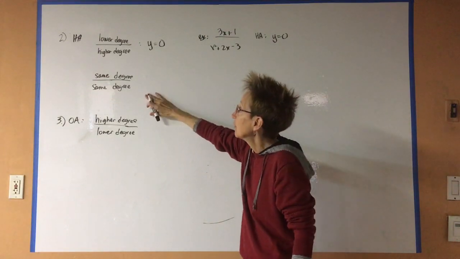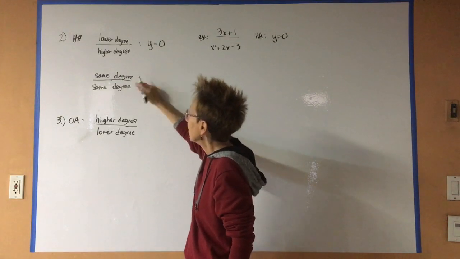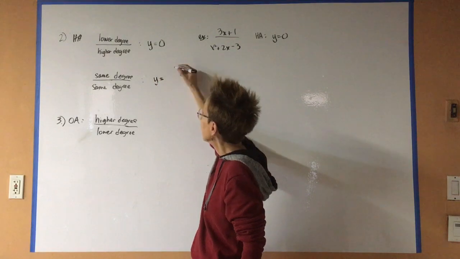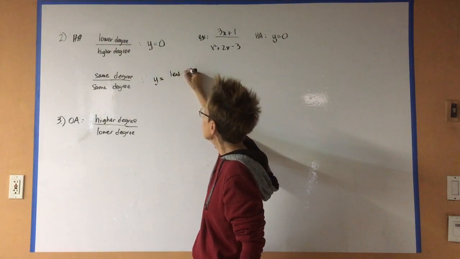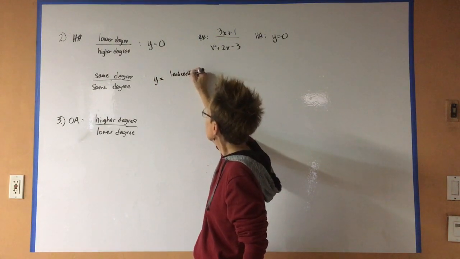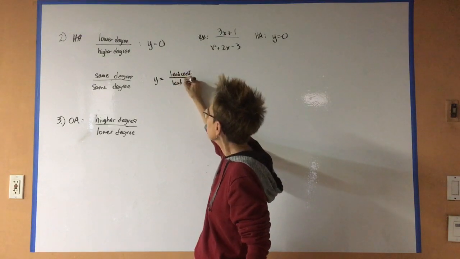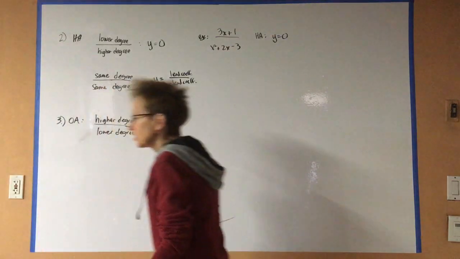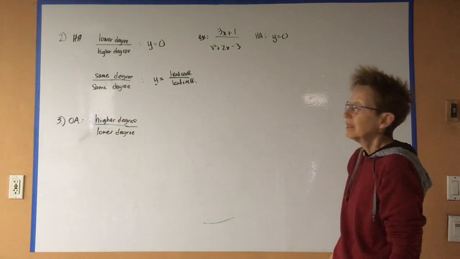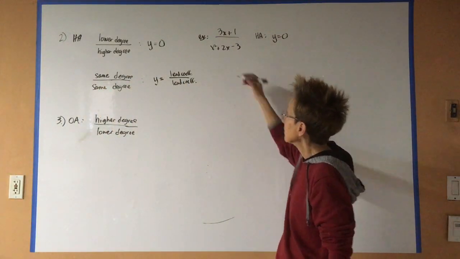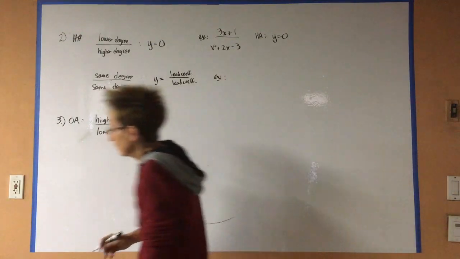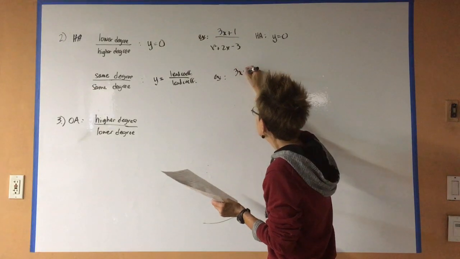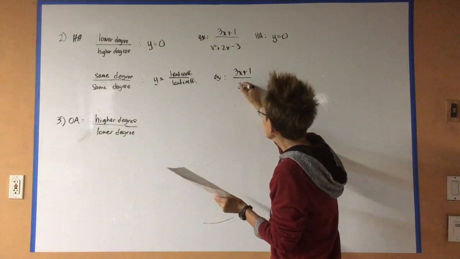If it's the same degree over the same degree, then it's also a horizontal asymptote, and the equation is y equals whatever the leading coefficient is in the top divided by the leading coefficient in the bottom. And so I wrote that down: leading coefficient over leading coefficient will be your horizontal asymptote. I gave a concrete example of 3x plus 1 over 2x plus 5.